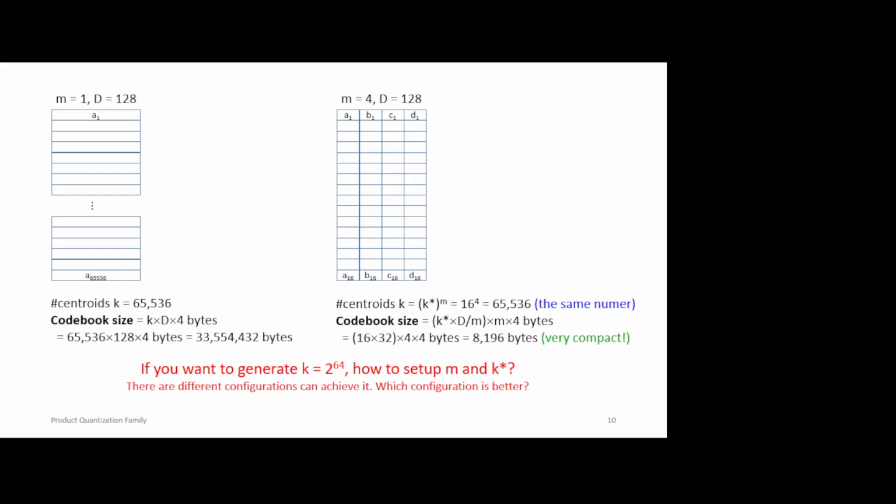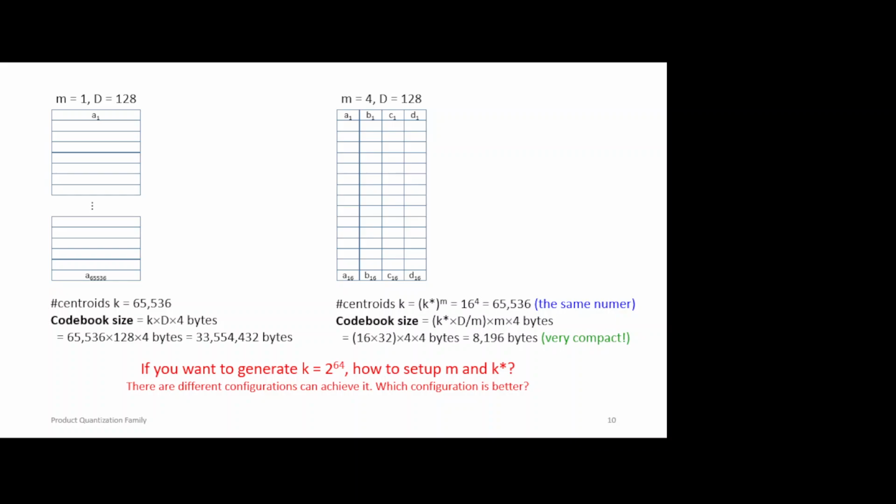Much smaller, right? So this is the main power of PQ. If you want to generate the same number of centroids, your memory use is very compact.